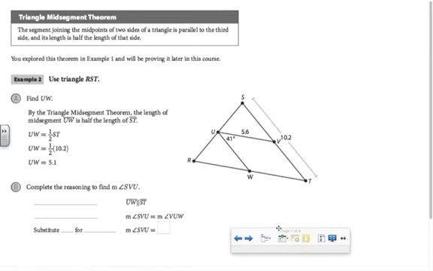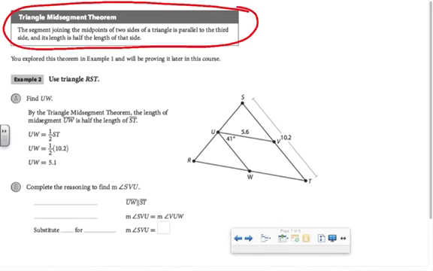Most of what you'll be doing in your homework, however, is just using those properties to find missing segment lengths or missing angle measures. So, for example, in example 2, part A, we're using the triangle midsegment theorem, given to you here, to find the length of segment UW.